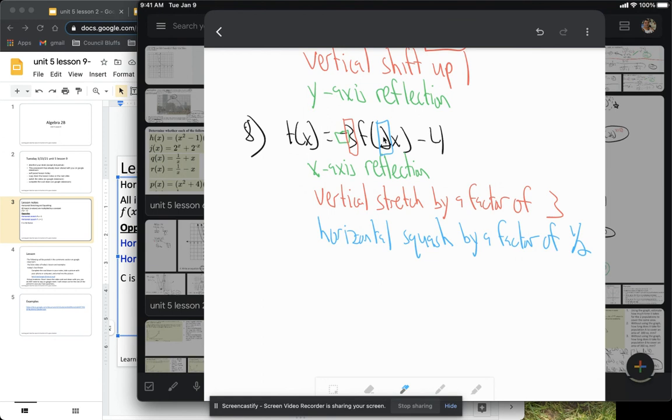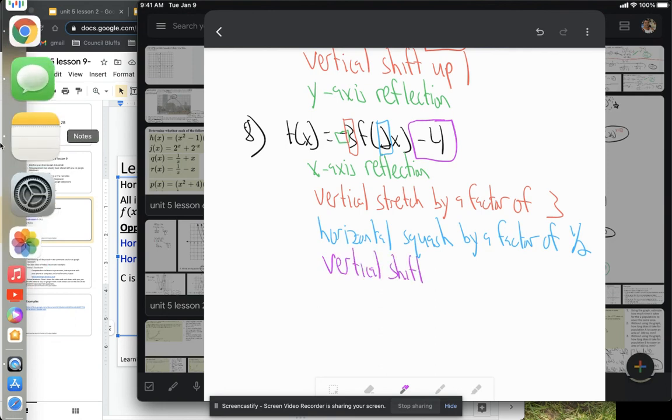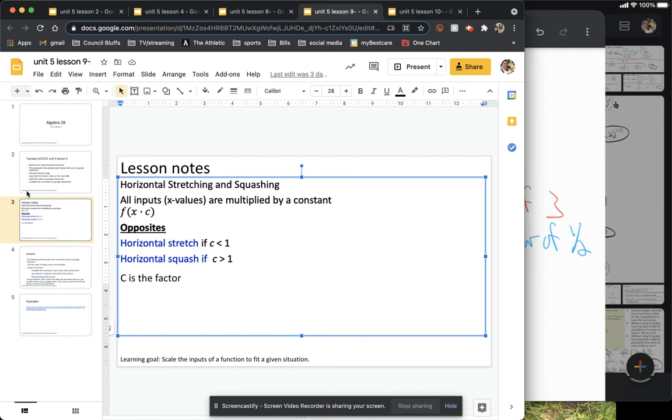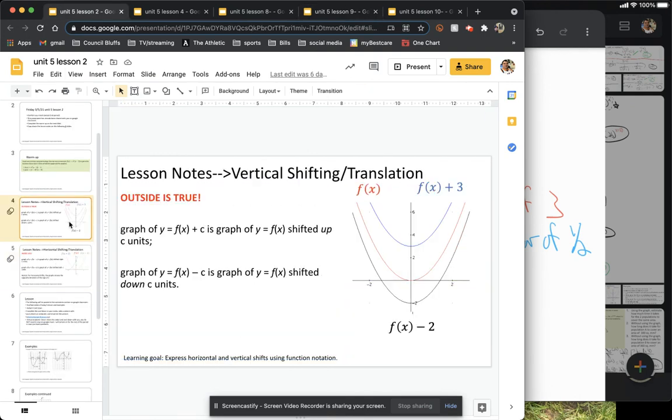And then the last one is the -4. Okay, so the -4 outside the parentheses tells me that this is going to be a vertical shift, because it's outside. Outside is true.